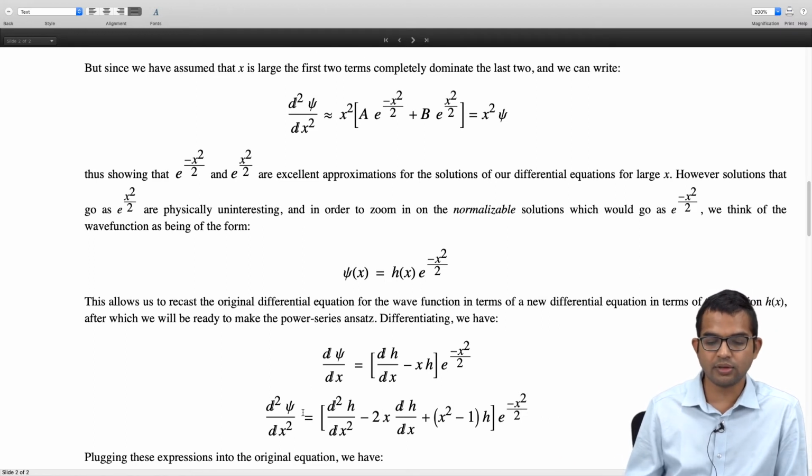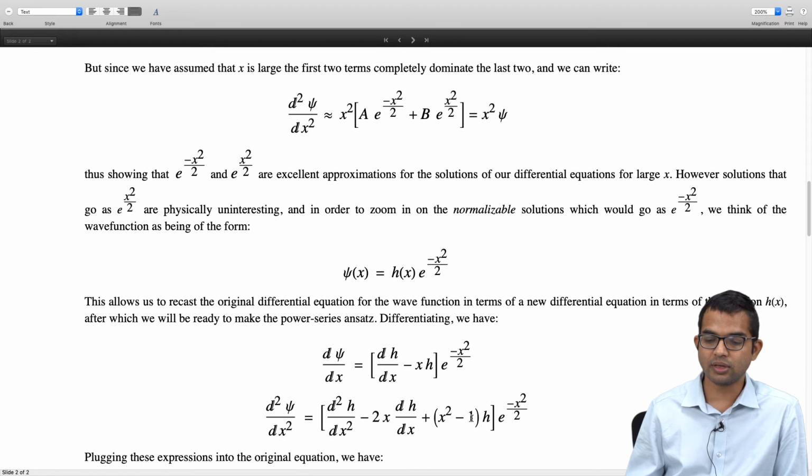When you take another derivative, once again you get either d squared h by dx squared, or if you differentiate the second term with respect to h, you get x times dh/dx e to the minus x squared by 2. But you could have also done it with the first term when differentiating the second one, which will give you minus x times dh/dx e to the minus x squared by 2. So you collect both of these, so you get minus 2x dh/dx, and then you also have this x squared, which comes about when you take a derivative of e to the minus x squared by 2 for the second term.